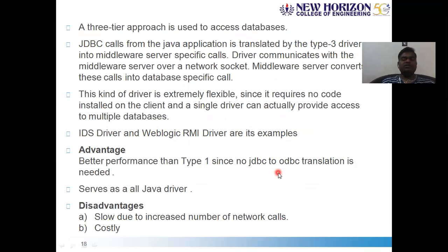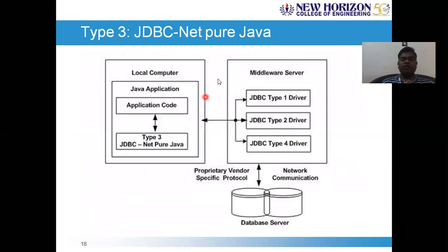A three-tier approach is used to access the databases. JDBC calls from Java applications get translated by a type 3 driver into middleware server specific calls, as shown in the figure. And the driver communicates with the middleware server over a network socket.